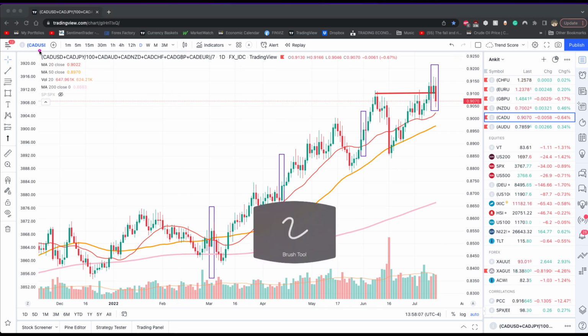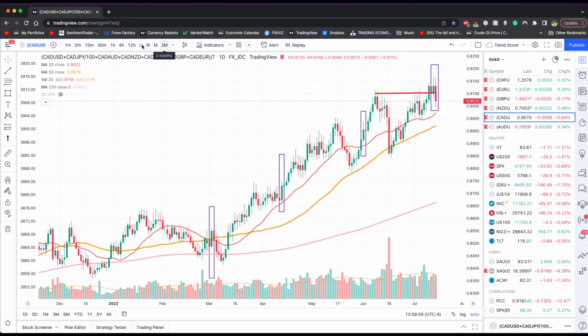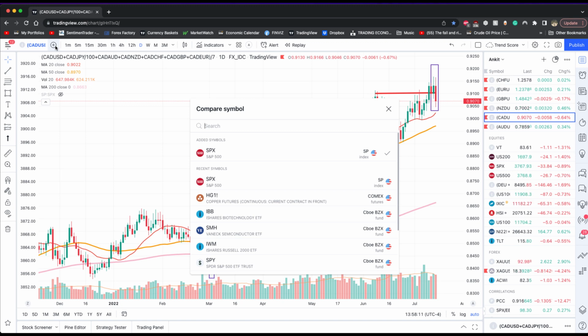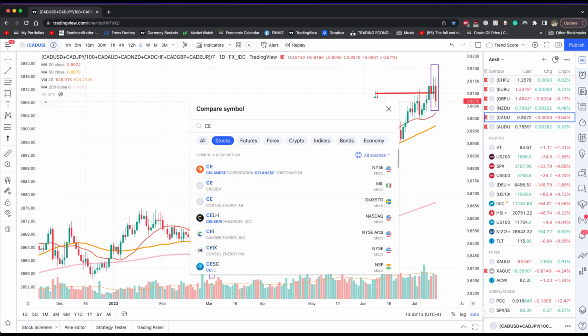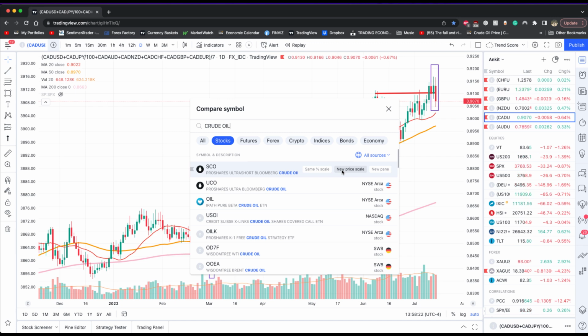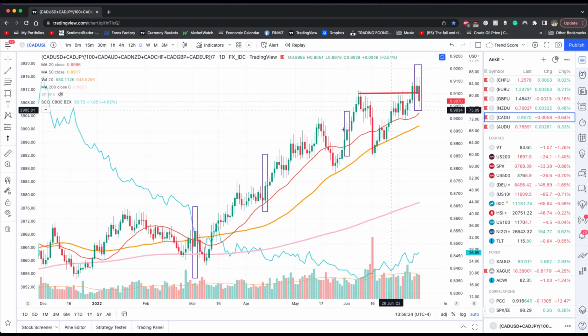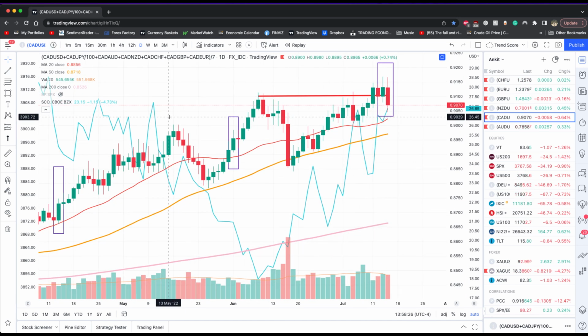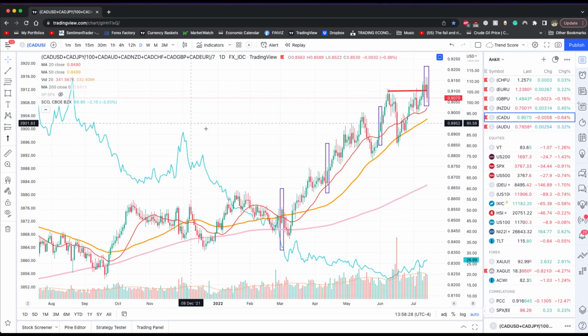Because if you take a look at the correlations, the biggest correlation is crude oil. We know that crude oil has a nice correlation with the Canadian dollar, and as crude oil pulls back, this will have an impact on the exchange rate for the Canadian dollar.